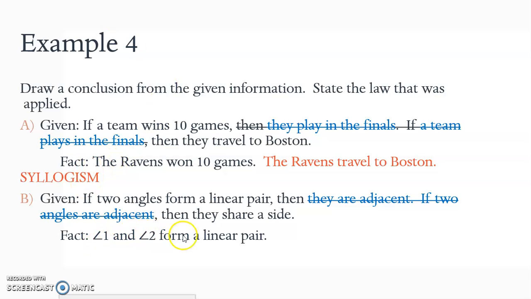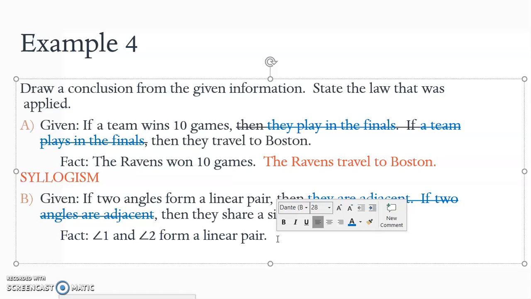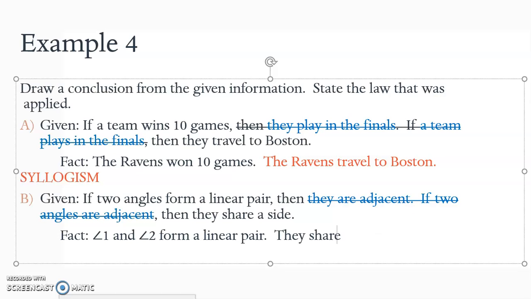So we have angle 1 and angle 2 form a linear pair, so I'm going to conclude that they share a side, and again, this is syllogism. So that is what I have for the answer here.